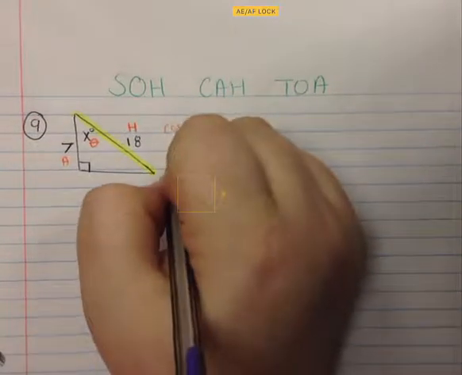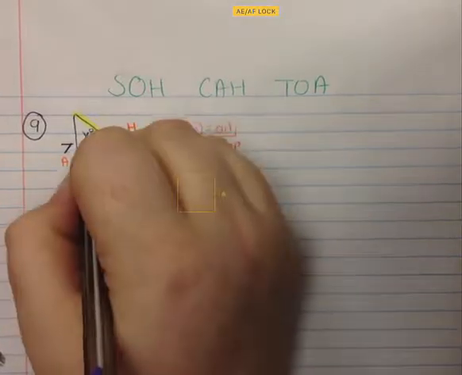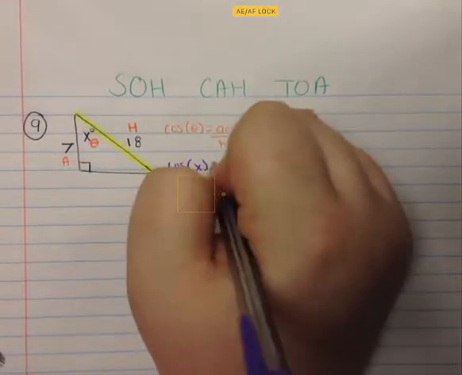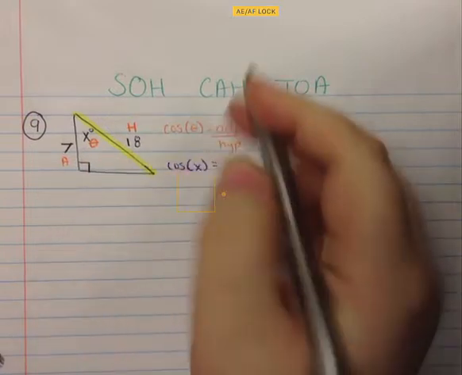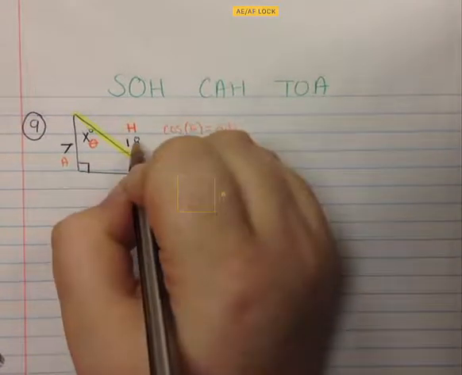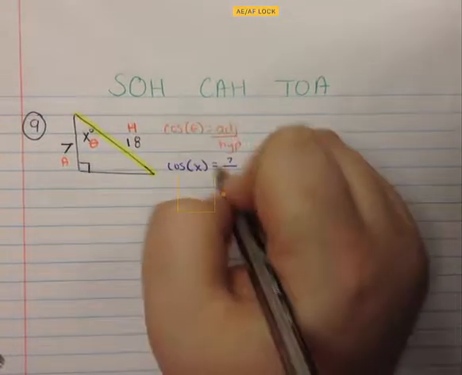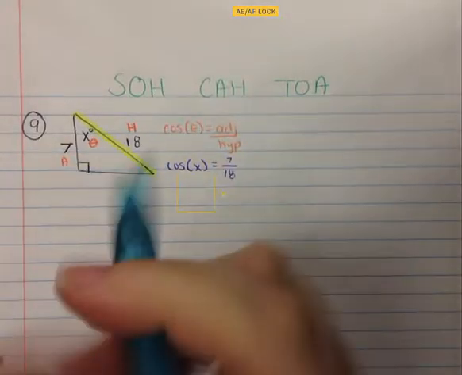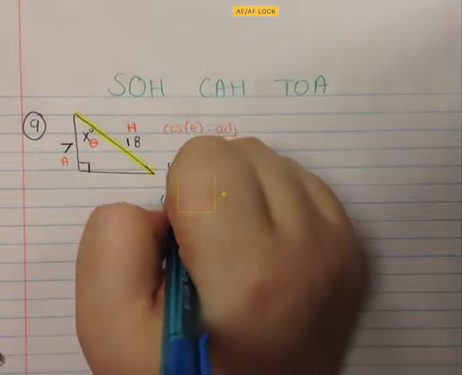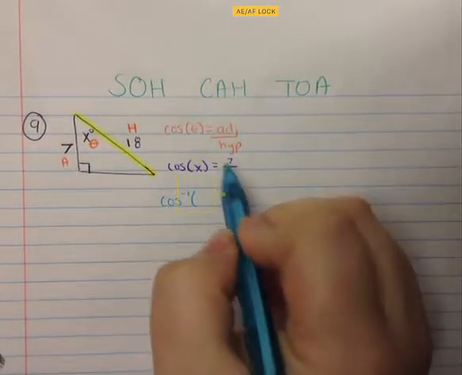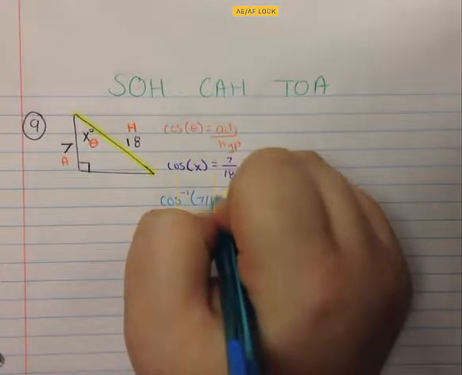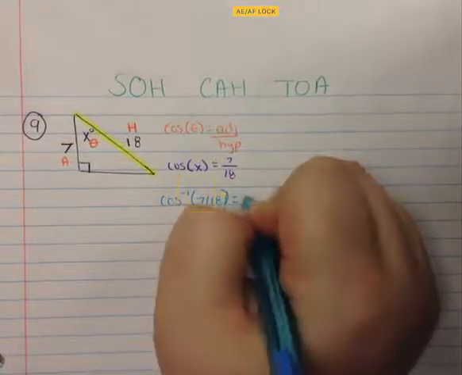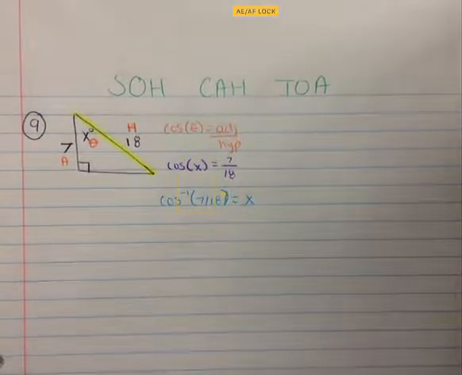So cosine of our theta, that x, equals the adjacent, which was the 7, over the hypotenuse, which is the 18. Since x is the angle, we have to do the inverse. So we have cosine inverse of the fraction 7 over 18 is equal to our theta, our x.